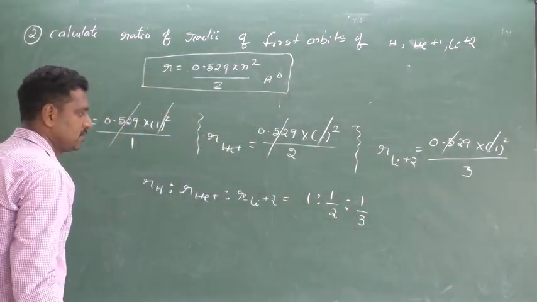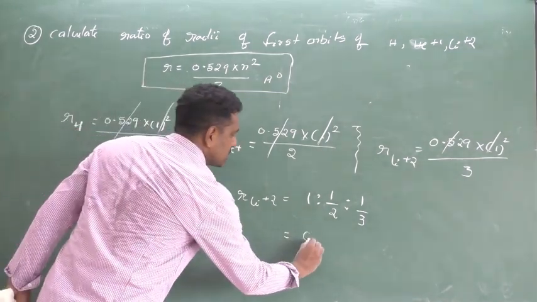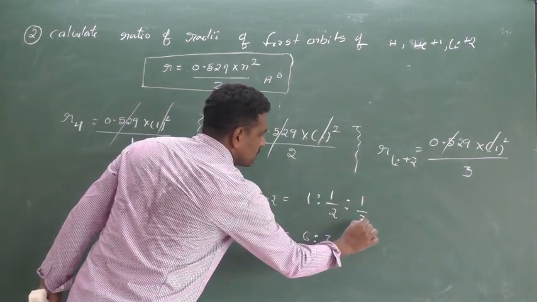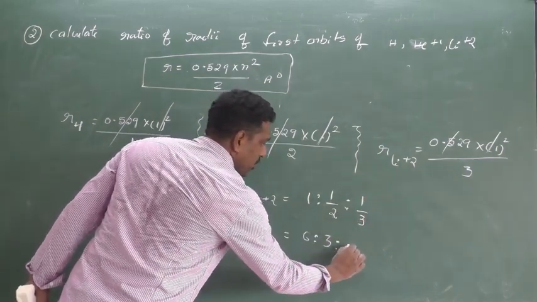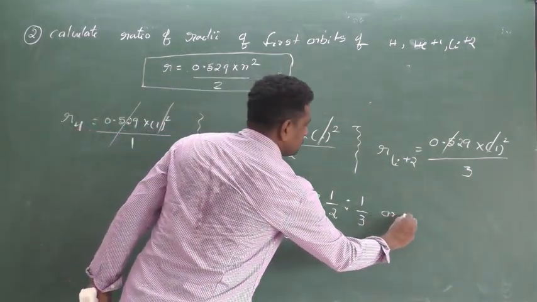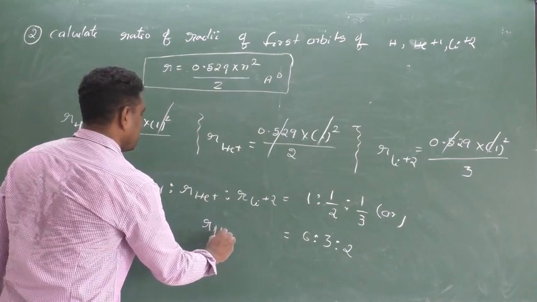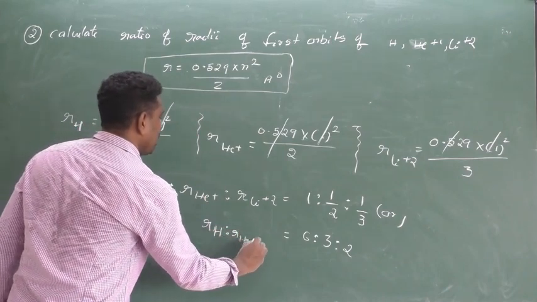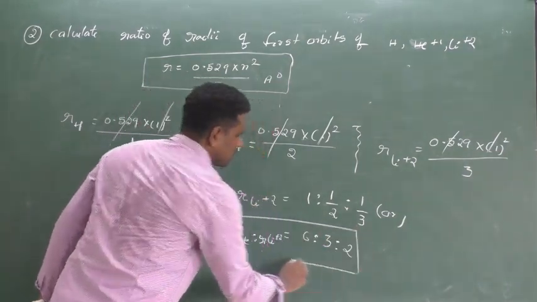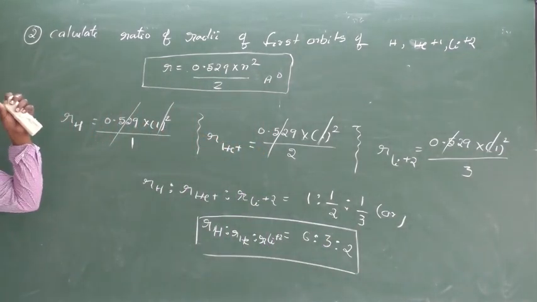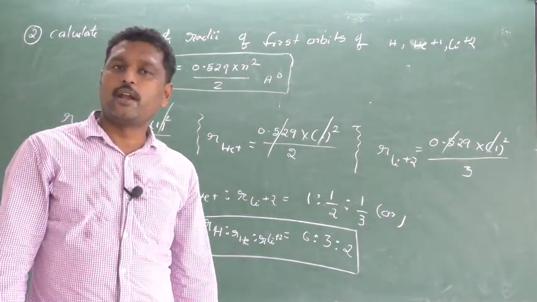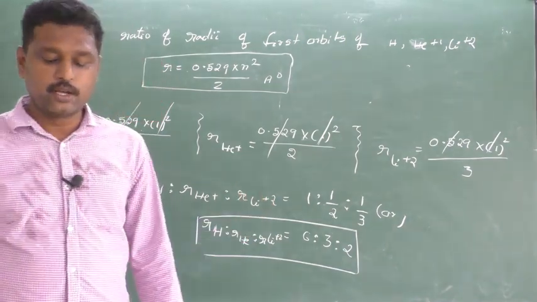By taking the LCM, 6, we get 6 is to 6 by 2 is to 6 by 3, that is 6 is to 3 is to 2. So this is the ratio r H is to r He is to r Li plus 2. So this is about the expression for the radius and numericals related to radius.